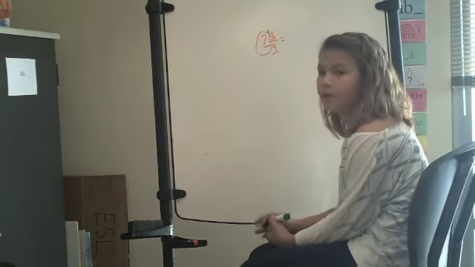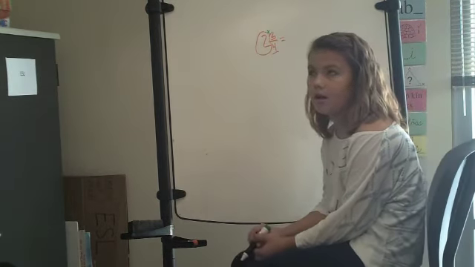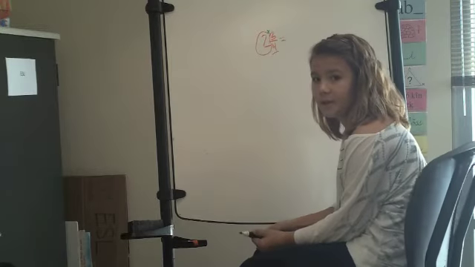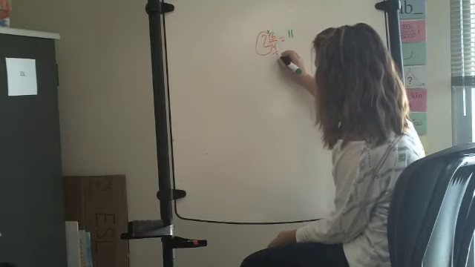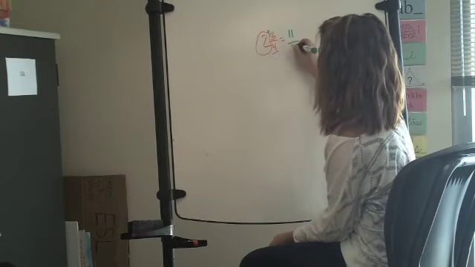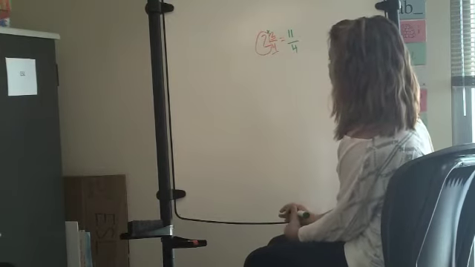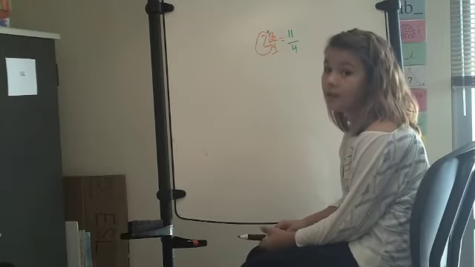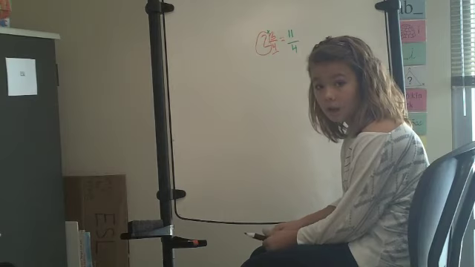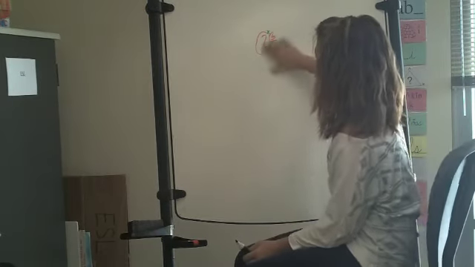So 8 plus 3 is 11. Okay? So it would be 11, and then you keep the same denominator. So 2 and 3/4 is equal to 11 out of 4.